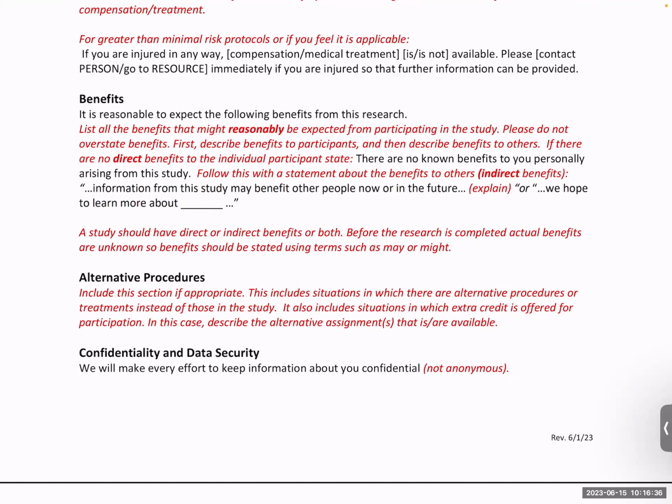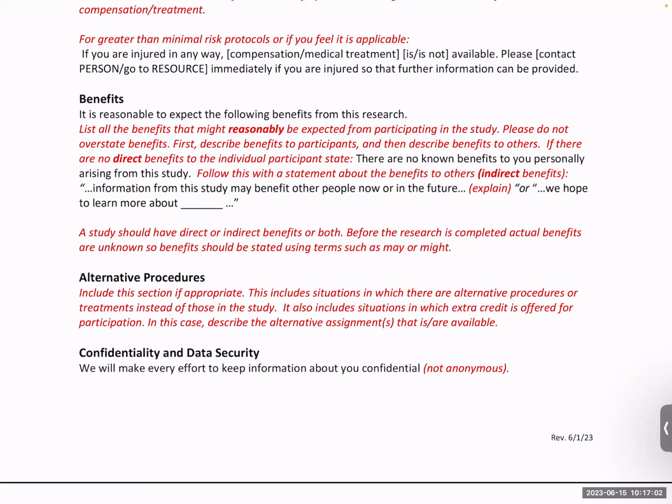And studies have to have some type of benefit to be approved. It can be direct, it can be indirect, it can be both. When you write your statements about what you can expect from the research, use the word may, since you don't know before you do the study that you're actually going to find what you're predicting you will find. So you don't know that those benefits will actually happen.